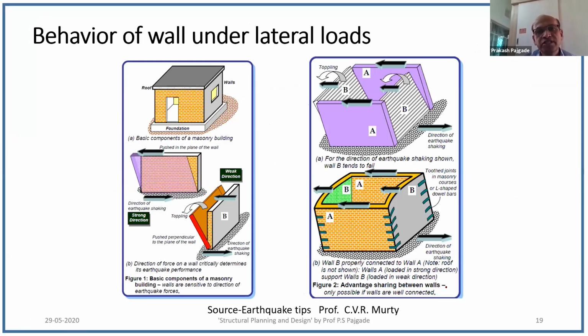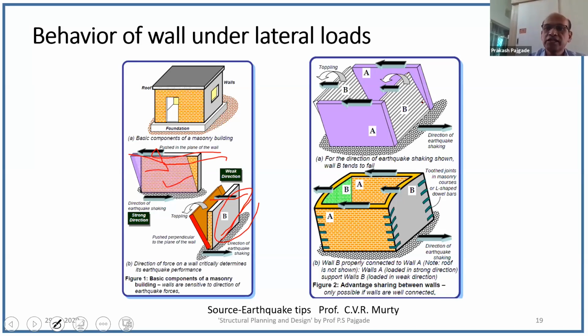Now we must understand the behavior of structure under horizontal load. Now we have seen that this is the wall under horizontal forces. This wall is a weak wall. But if you consider this particular wall and this is the direction of force, the forces are acting in the stronger direction. This wall will be strong if forces are like this. If I consider a room, then there are four walls.